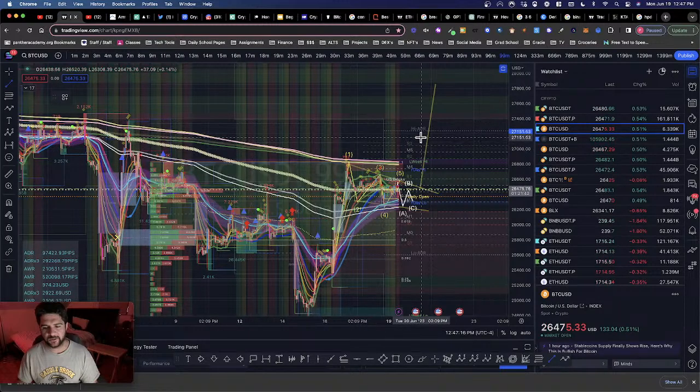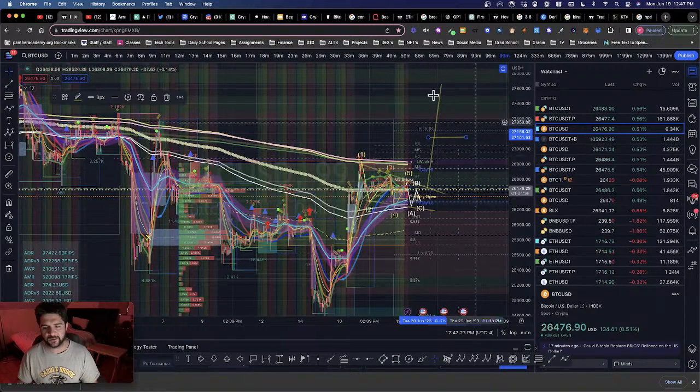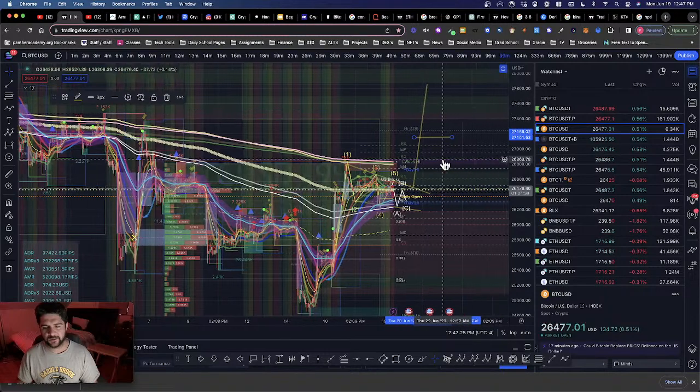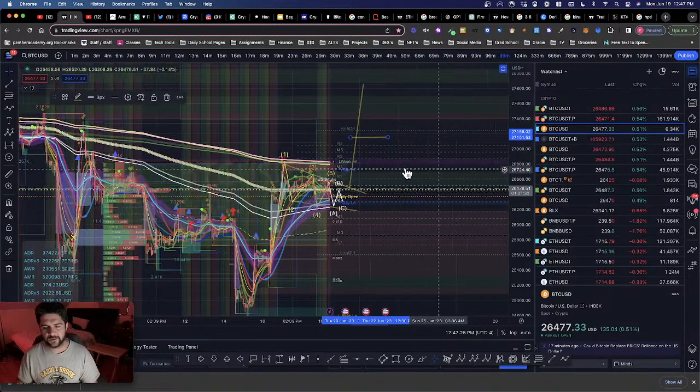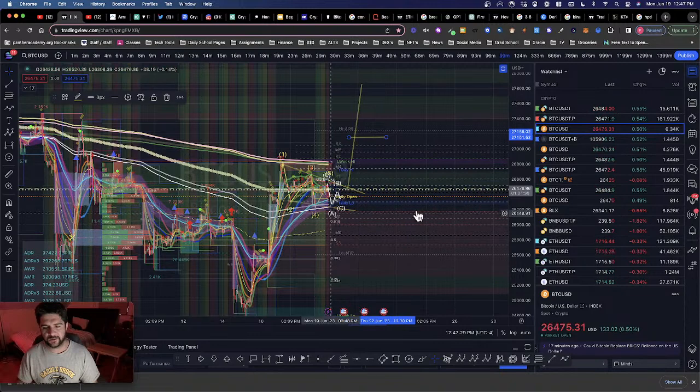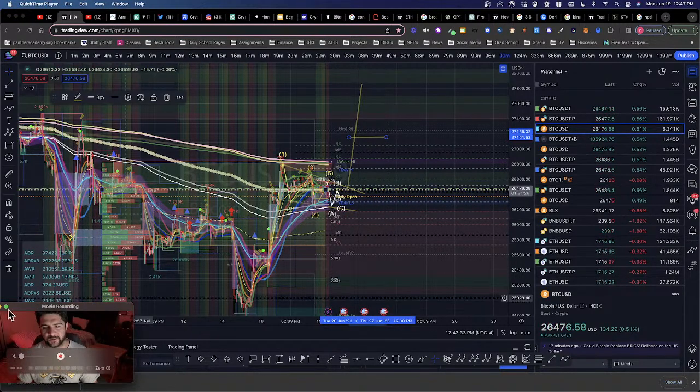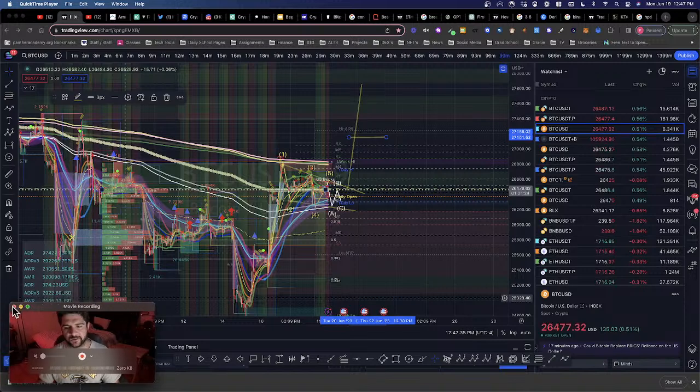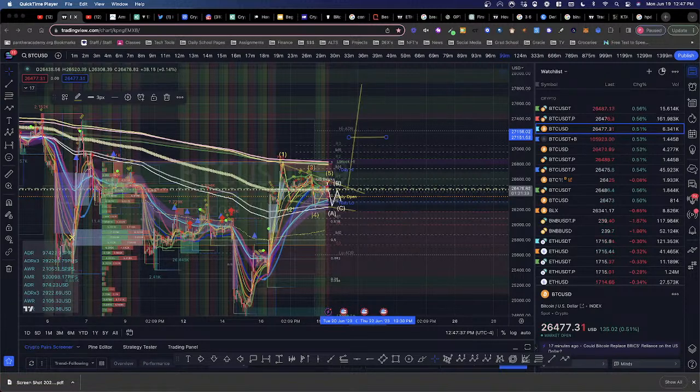You probably get half. 27.2. And depending on the commitment in the shorts, you'll see maybe another level. But you'll probably come back down and test down here. You'll test 26 again. I'm frozen. You'll test 26 again.